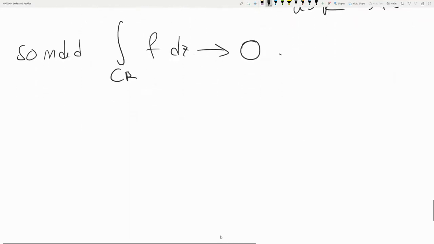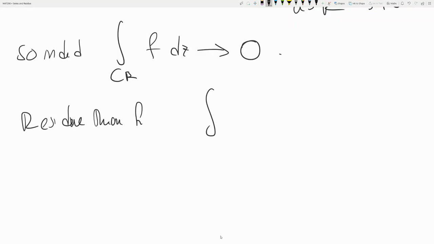Second step, let's just evaluate residue theorem for our guy. So z minus a, z minus b. Let me write them down because now we need them. So 1 minus i, 1 plus i.